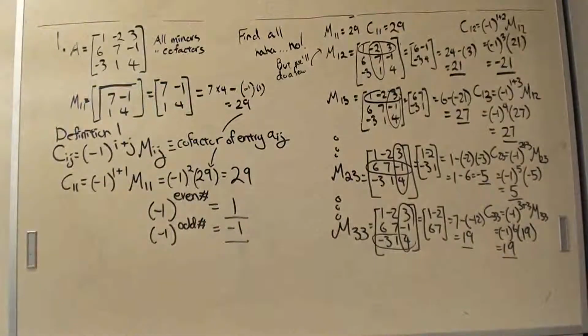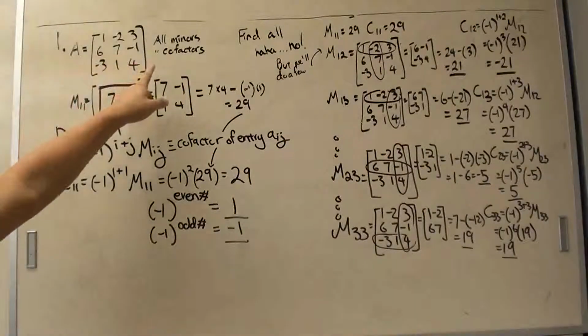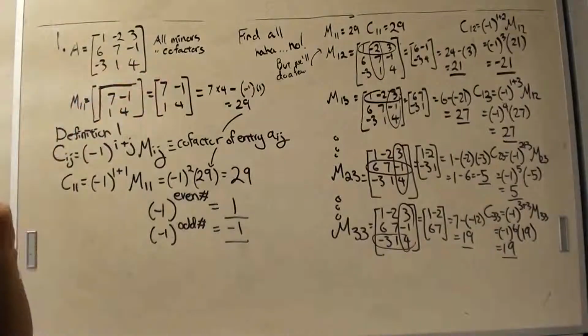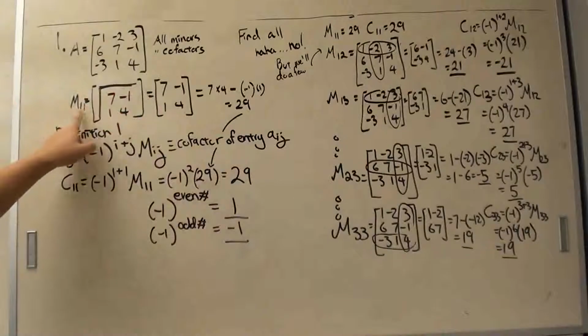Alright, so take a look at question 1. This is a matrix we're given. Find all minors and cofactors. I think it's a bit redundant. If you get the big picture, then you don't necessarily have to do all of them. Nonetheless, just follow through. For M11, the first index is i and the second is j.